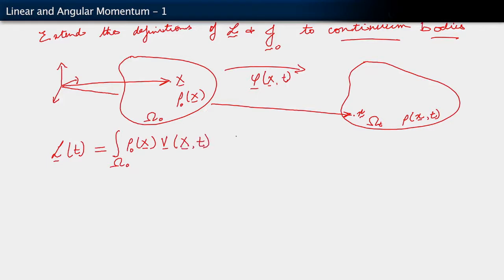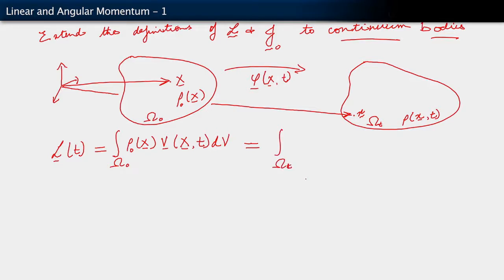Velocity is a function of reference position and time, integrated over the reference volume. The idea here is that the product rho naught dV gives us an elemental mass. So this is essentially every elemental mass distributed over the body in its reference configuration, multiplied by the velocity, integrated over the volume of the body in the reference configuration. Okay, and we know that there is an equivalent description in the current configuration, and let's write that.